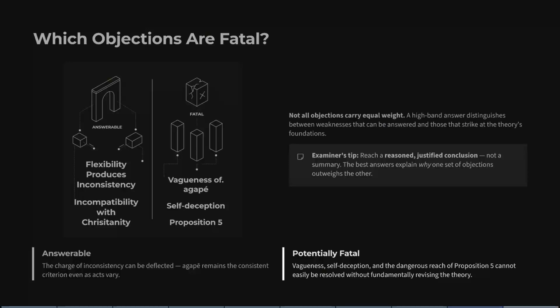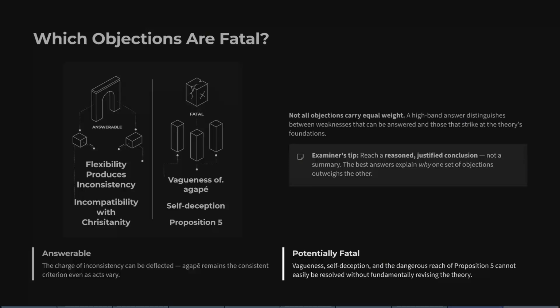The self-deception problem cannot be resolved without introducing an external check on somebody's individual judgment. But the moment you introduce such a check, you begin constraining the situationist's freedom in ways that Fletcher explicitly rejected. Again, this is a structural dilemma.